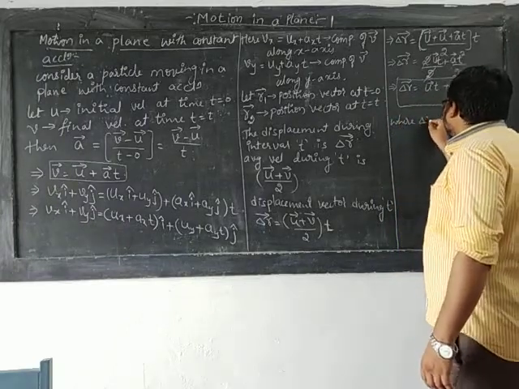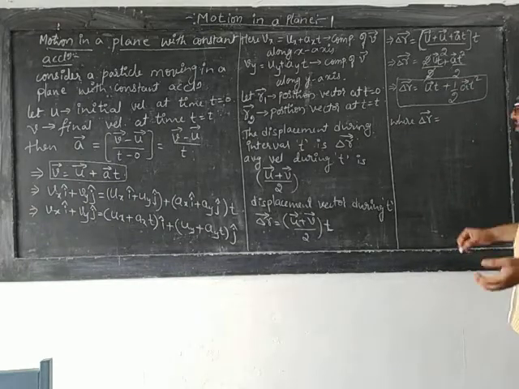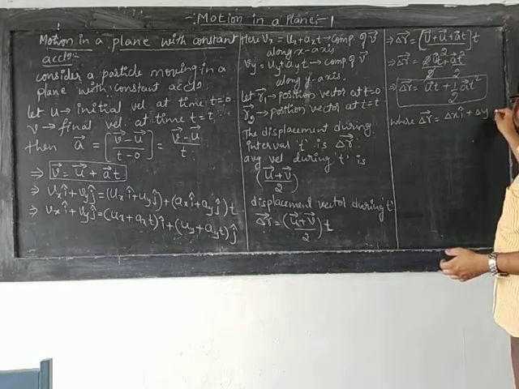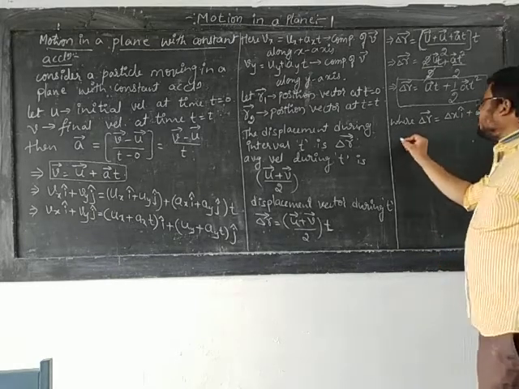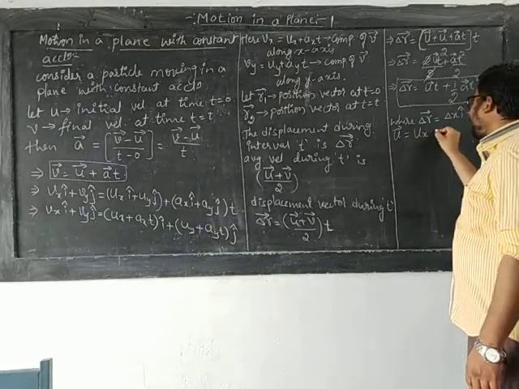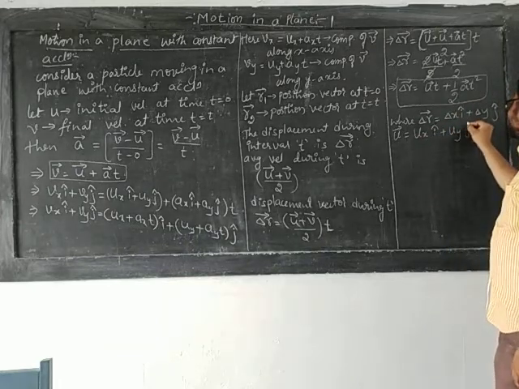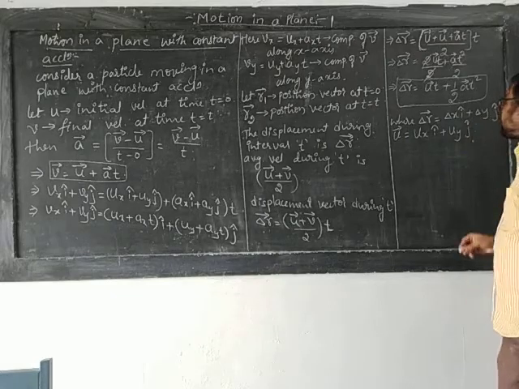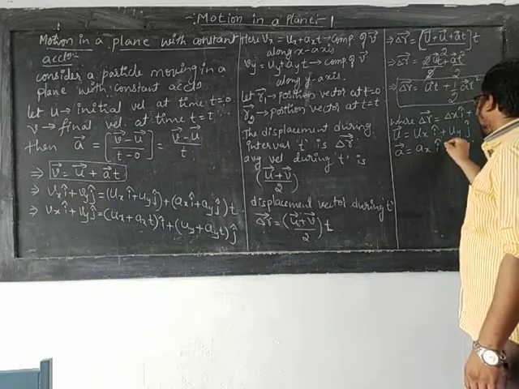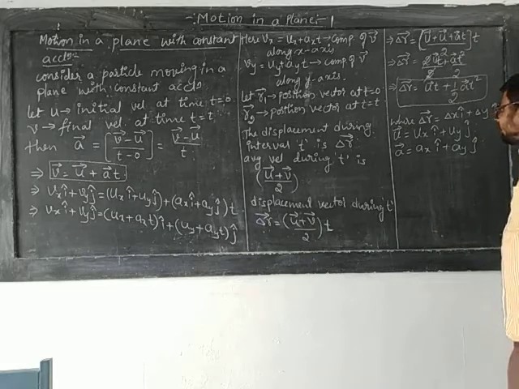Then here, delta r is equal to, as we have derived in the previous derivation, delta x i cap plus delta y j cap. Then the velocity vector u is equal to ux i cap plus uy j cap. Then the acceleration vector is ax i cap plus ay j cap. Clear?